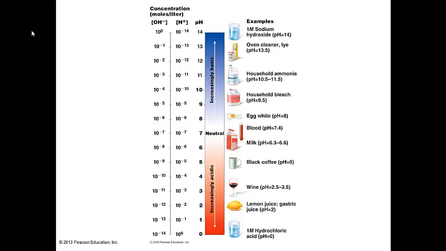So buffer systems are described in your textbook, and we will talk about them again throughout this course. So acids have what? They have a low pH and a higher concentration of hydrogen ions than hydroxide ions in solution.